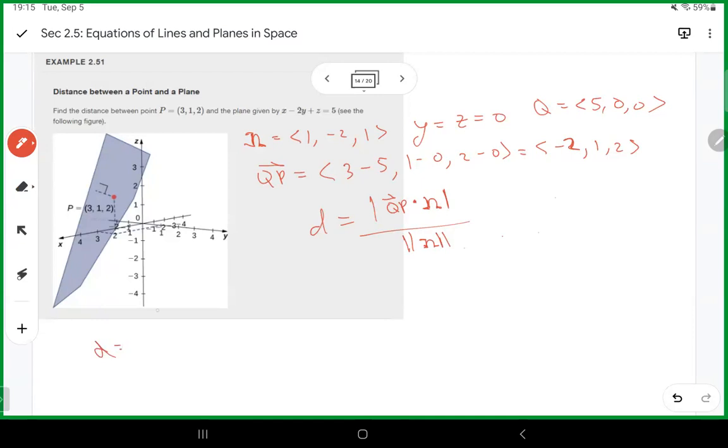And we have -2, 1, 2 times 1, -2, 1 over 1 squared plus -2 squared plus 1 squared.